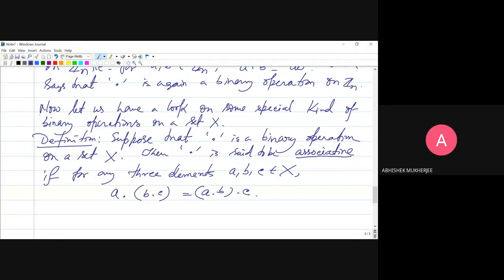So this property is defined to be the associativity enjoyed by the binary operation dot for any three elements.